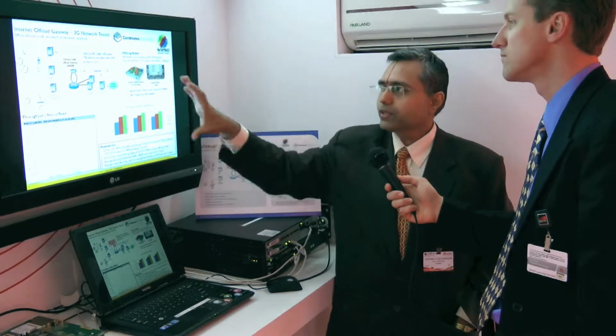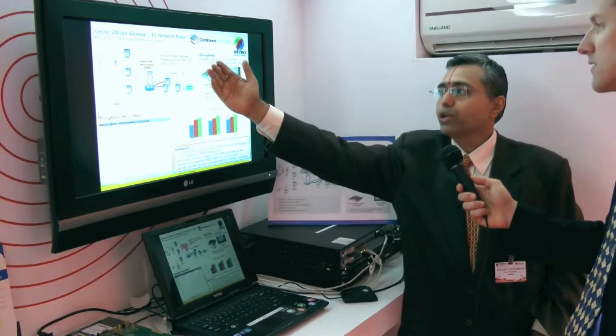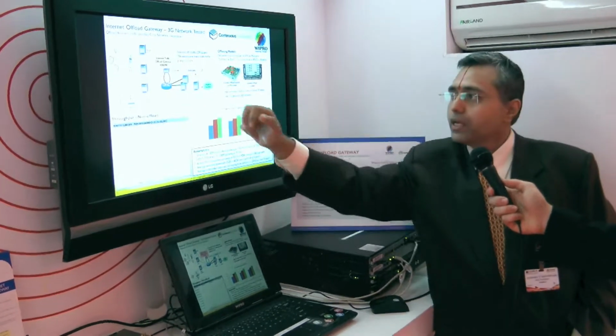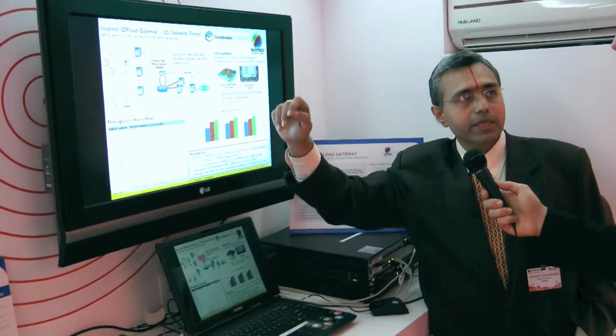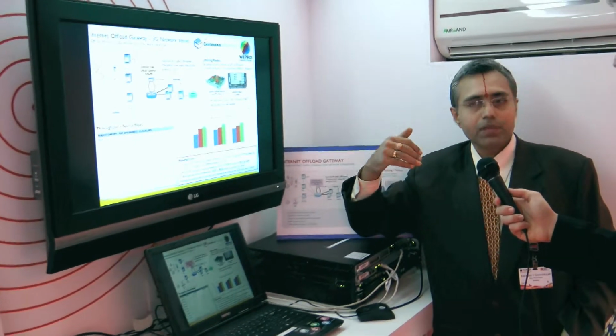In a typical network configuration, this device, which we call the Internet Offload Gateway, IOGW, can be co-located with a SGSN or an RNC aggregation router. It receives all the traffic from the aggregation router, does a deep packet inspection of the traffic, and decides what to offload and what not to offload based upon the policies.